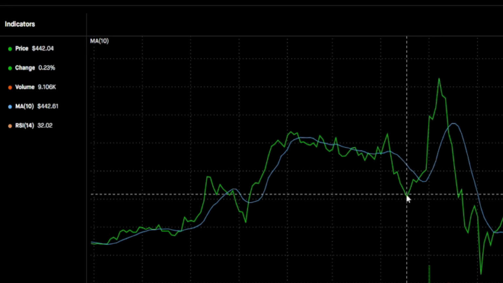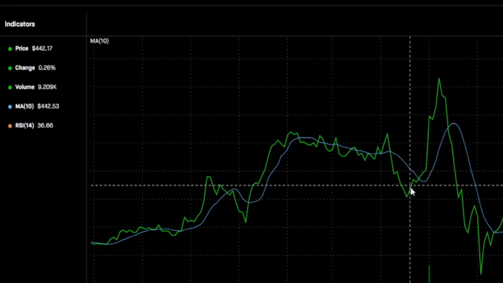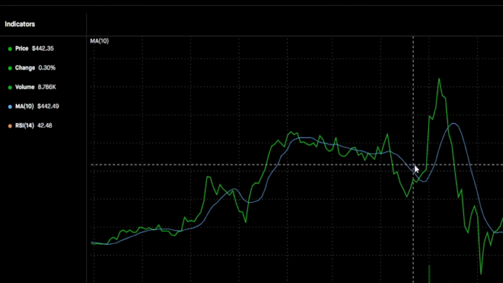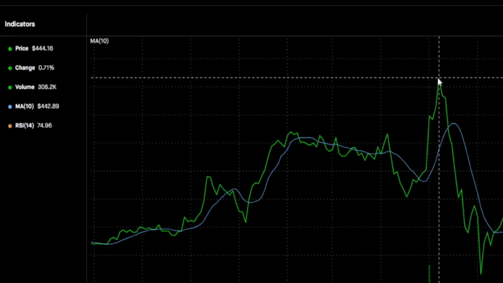Now from here, if you did enter into the market, and you're trading options or you're a day trader, and you entered when it was at 442 at 9 a.m., if you waited a little bit and didn't cash out early, depending on the strategy you're using, you could have made some money when it rose up to 444.